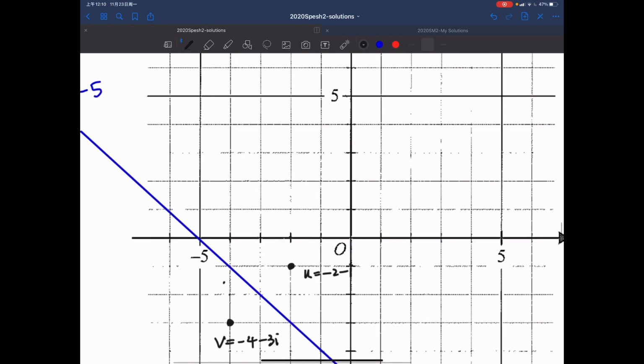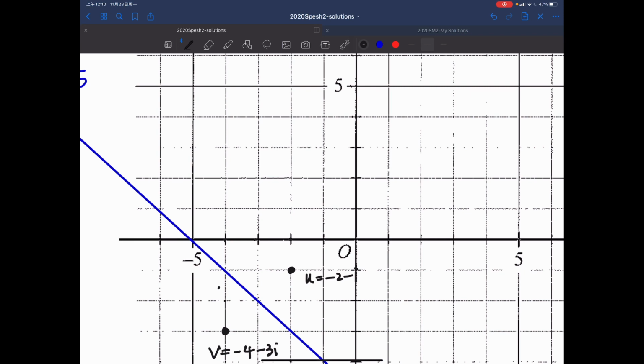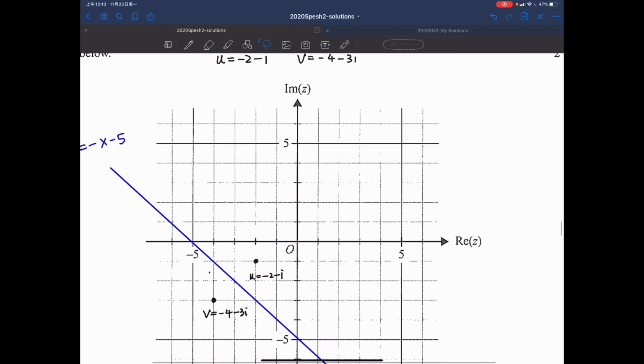Interestingly, here you already labeled the complex number u as a closed dot, but it will be excluded on my half line, which is to be drawn. The approach I would adopt here is that I can use an open circle outside the closed circle, then draw it in that way.